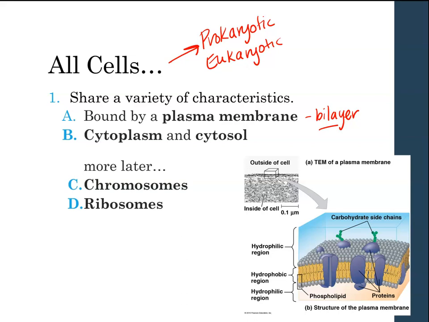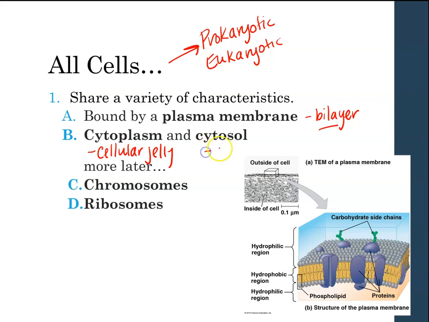All cells inside their membrane have a cytoplasm and cytosol. So a cytoplasm is basically like a cellular jelly. It's kind of like a fluid inside the cell that acts like air in a balloon. It helps to kind of inflate the cell, and it also holds whatever structures happen to be in there.